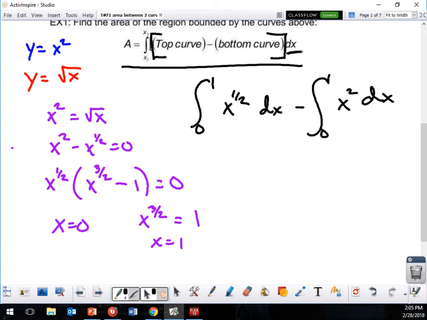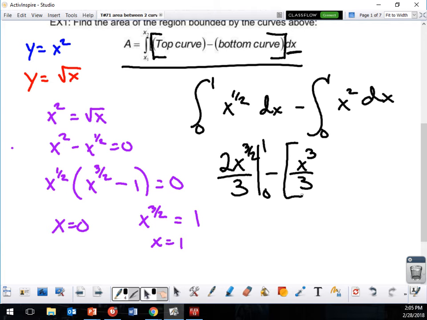Okay, so now what are we going to get here? Let's do the math. So it's x to the 3/2 times 2 over 3, right? Minus x cubed over 3, right? But this is from 0 to 1, and it's also from 0 to 1.